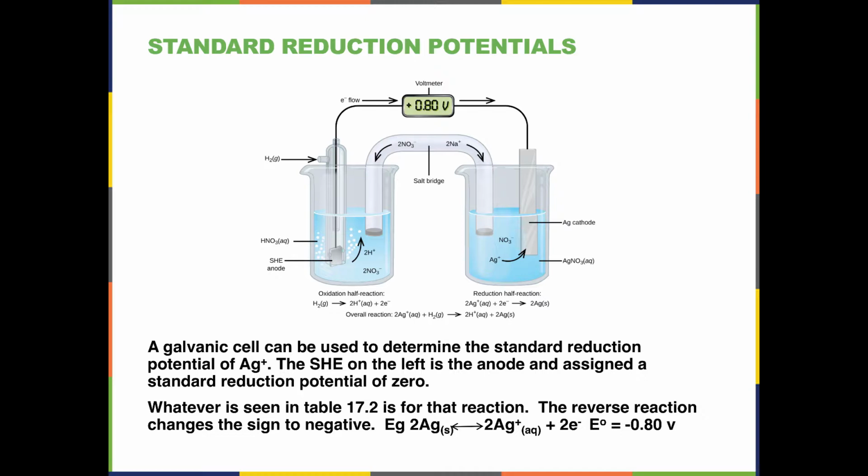Here, as a reduction, it has a positive 0.8 of a volt. If you write it as an oxidation, as shown in the slide, 2Ag goes to 2Ag+ plus 2 electrons, then the voltage is negative 0.8.